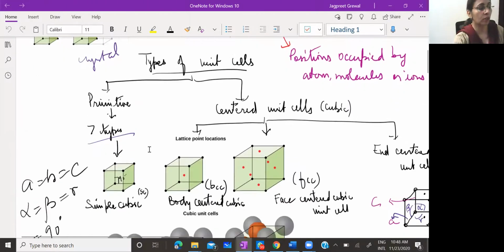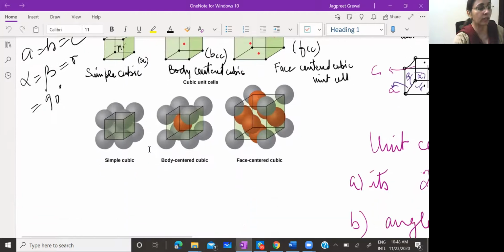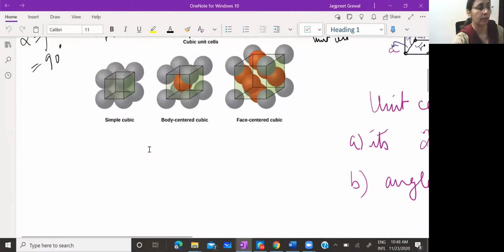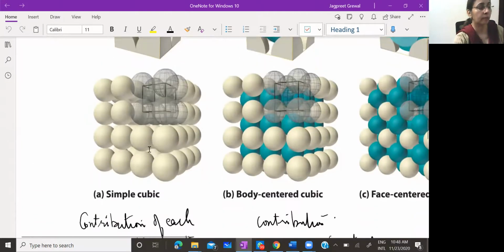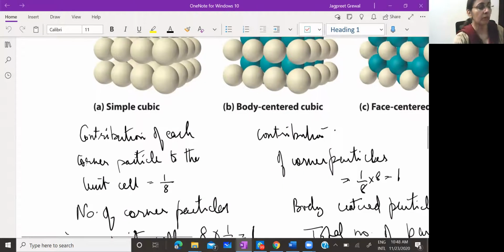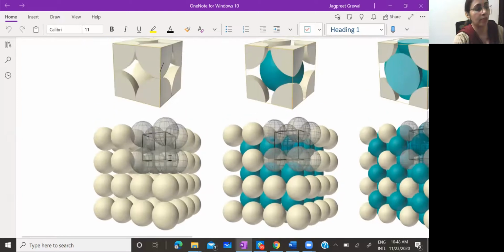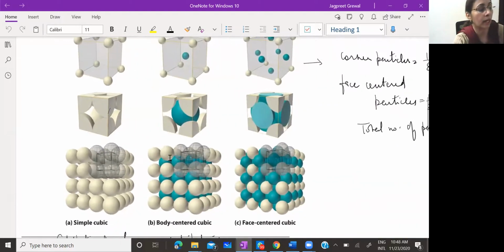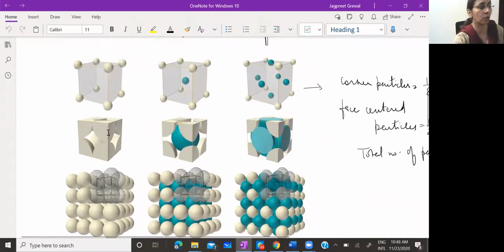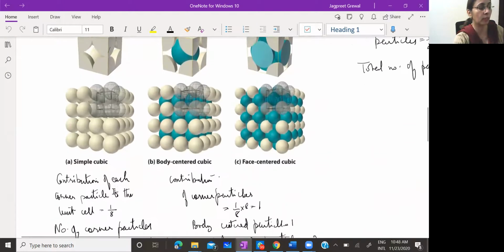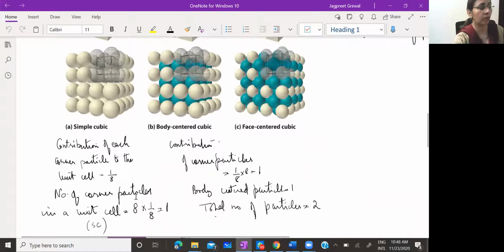So what is the contribution of this lattice point to one unit cell? The contribution of each corner particle to a unit cell is 1 by 8, since it is being shared by 8 unit cells. As you can see, the part which is present in one unit cell is 1 by 8. The number of corner particles in a unit cell is 8.